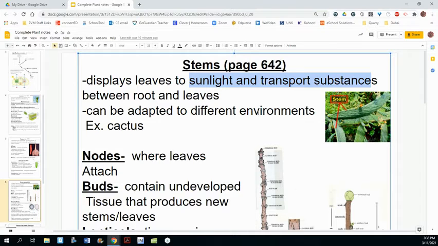The plant has adapted to living in a dry, hot climate where it has reduced leaf size, and it also will have a really thick, waxy coating or cuticle to prevent water loss, which is why cactuses and other succulents like aloe or kalanchoe are plants that have thick, waxy membranes to reduce water loss.